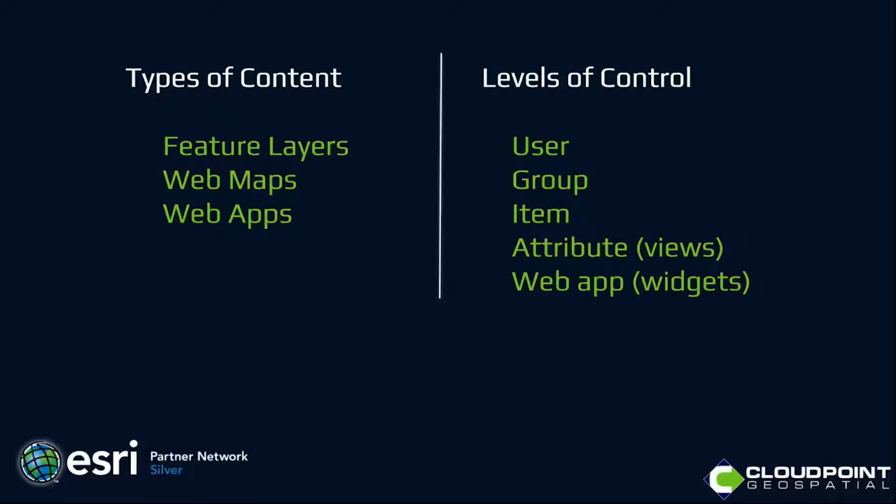The items themselves have sharing capabilities. And then even further, you can control attributes that are viewable and editable through views of your authoritative data. And then when you create those web apps, those widgets, you can have certain things editable and not editable. So again, lots of levels, not going to get to all those, but I wanted to make sure we're all kind of on the same page there.